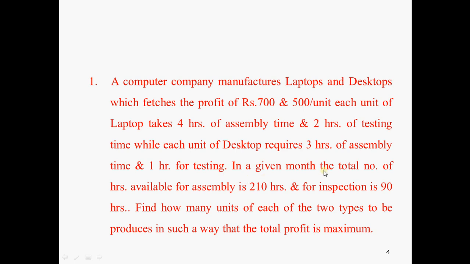In a given month, the total number of hours available for assembly is 210 hours and for inspection is 90 hours. You are supposed to find how many units of each of the two types, laptops and desktops, are to be produced in such a way that the total profit to the company is maximum. As I told you, please understand the problem very clearly before attempting to solve it.